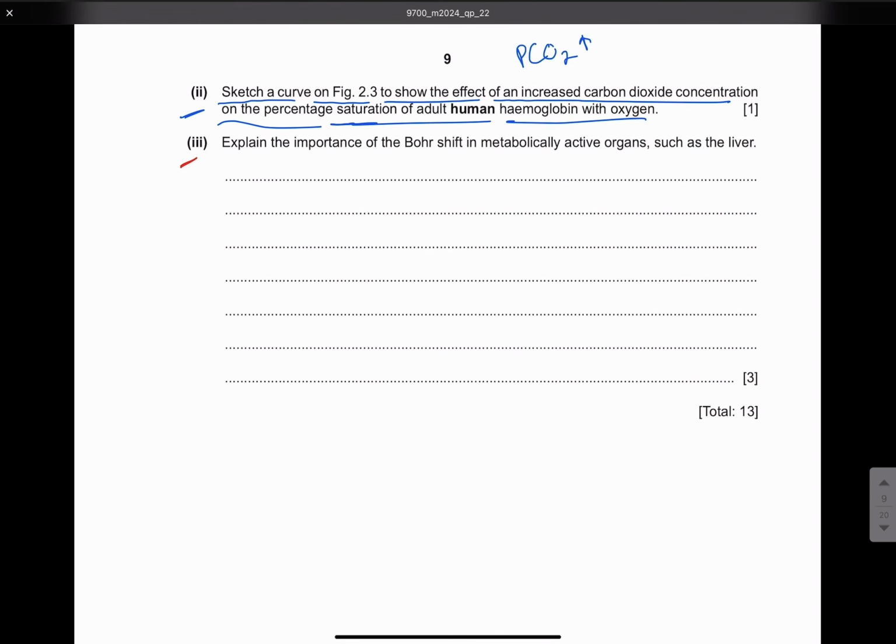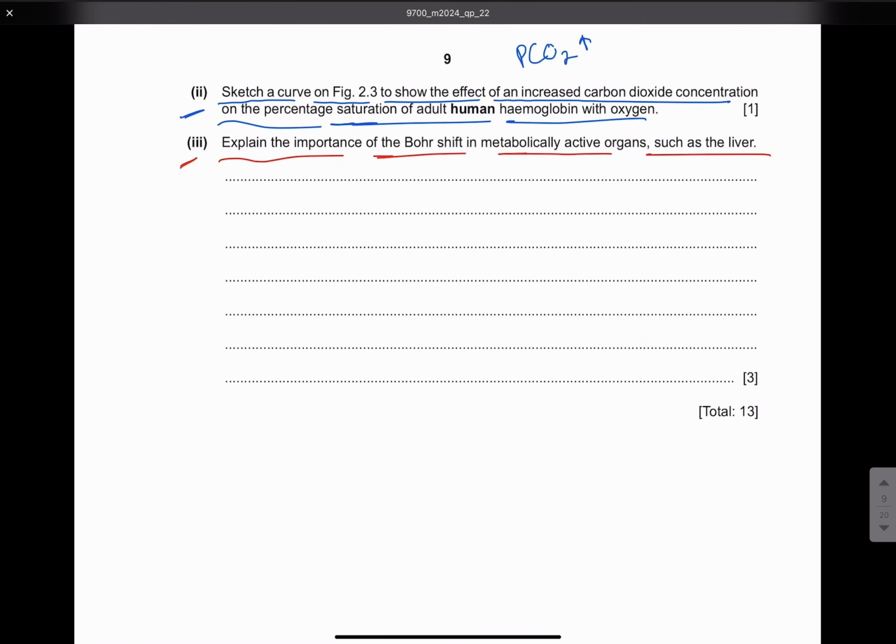Let's move on to part 3. Explain the importance of Bohr's shift in metabolically active organs such as the liver. So because liver is metabolically active, we all know that liver is carrying out a lot of aerobic respiration.